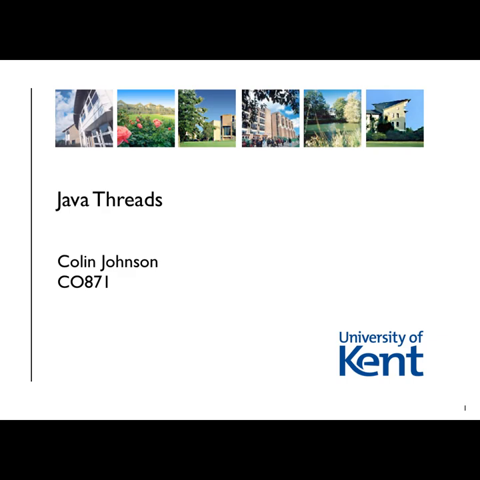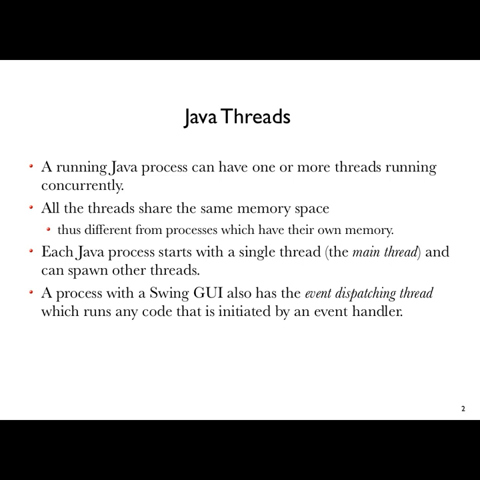From the point of view of the programmer, you set a second thread going, and that keeps going whilst the remainder of the program is also going. So threads provide an abstraction that allows us to talk about concurrency and things happening at the same time. So I want to talk a little bit about this notion of threads in general today.